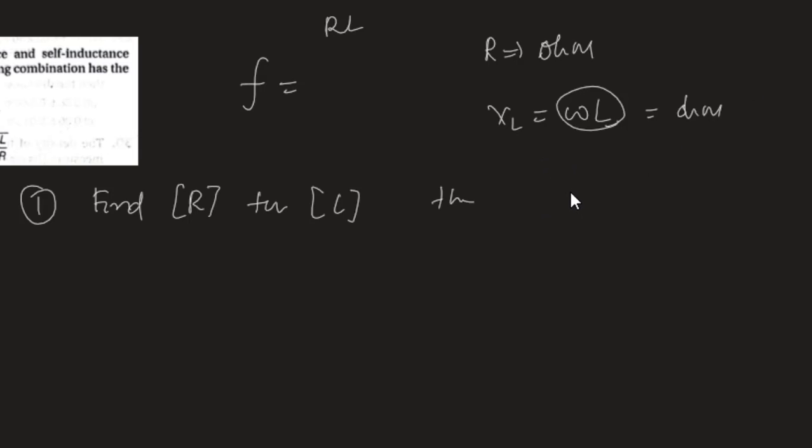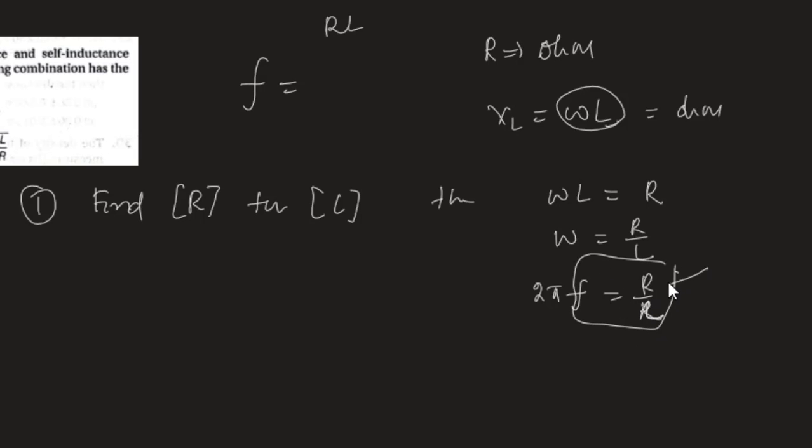So omega L has the same unit as R, then omega has the unit of R by L, and we know omega is 2 pi f, right? In 2 pi there is no unit, so f is the same as R by L. So from this we can conclude that the dimension of frequency will be the same as the dimension of R by L.